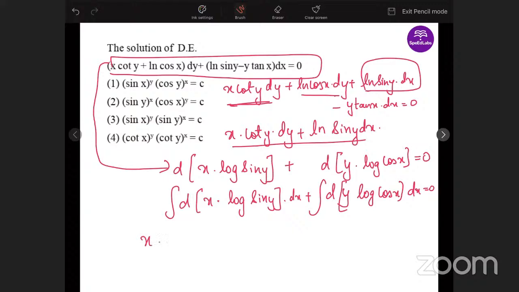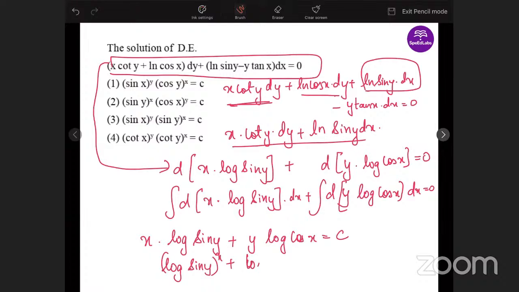So I can write this as x into log sin y plus y into log cos x equals to c, as integral of 0 is c. Can we write like this? Yes, sir. So now, can I write it as log sin y raised to x plus log cos x raised to y equals to c? Sorry, not the whole.